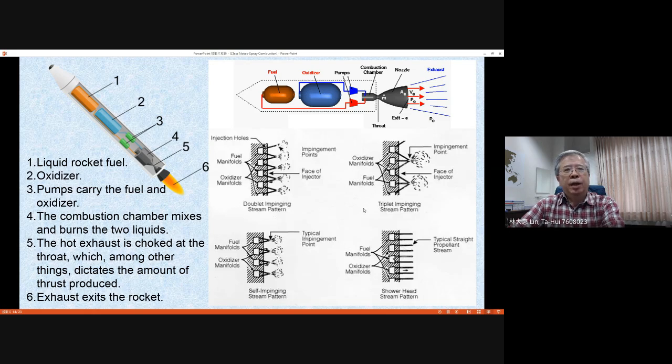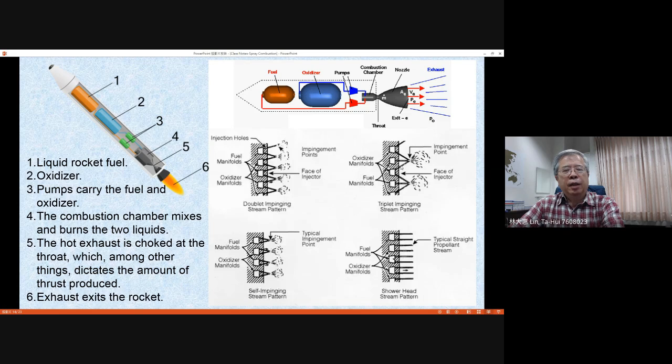There is another one we call the triplet impinging stream pattern. That means that at the impinging point, you allow three different kinds of liquids to interact with each other. The arrangement is something like that. There is the oxidizer supply and the fuel supply, oxidizer supply, and the fuel supply.